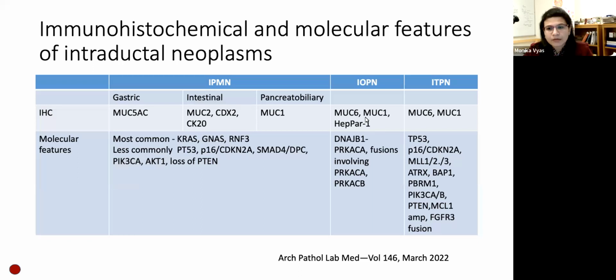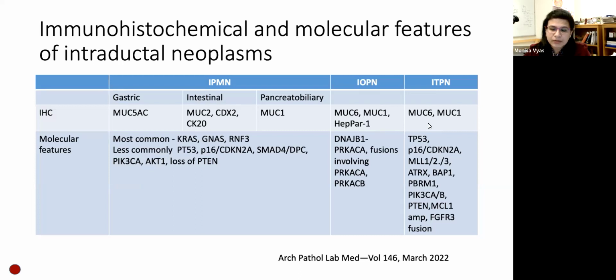And IOPNs, or intraductal oncocytic papillary neoplasms, would be positive for MUC6 and MUC1 both, more so MUC6, but they also show positivity for hepatocellular markers. That is one thing to keep in mind while making this diagnosis. They can show expression of HEPAR1, or in certain cases, also albumin by in situ hybridization.